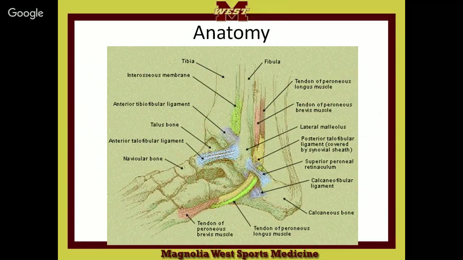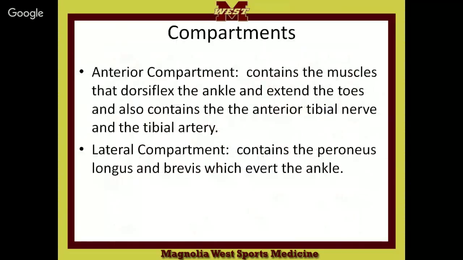Right. Okay, and we have the navicular bone, the peroneus longus and brevis. Those are all muscles that go from the lower leg down into the foot. You can see the calcaneus, the lateral malleolus, and all those other ligaments. Any questions so far about the anatomy?